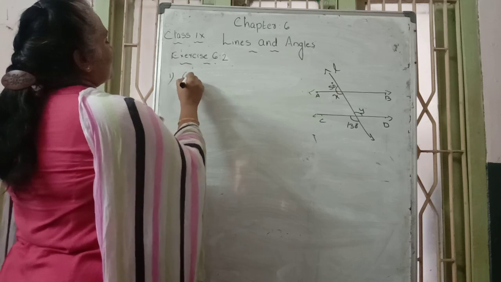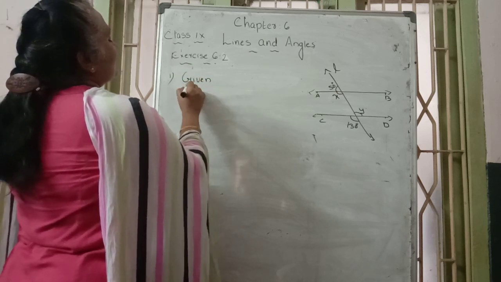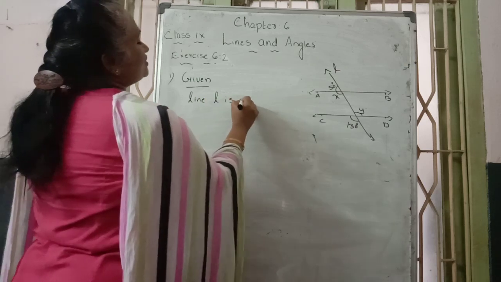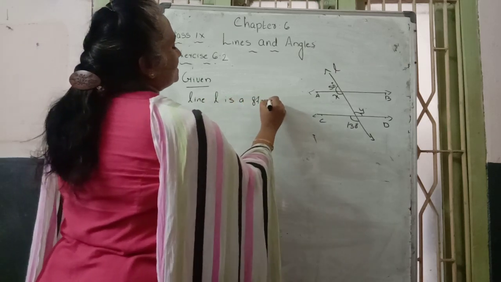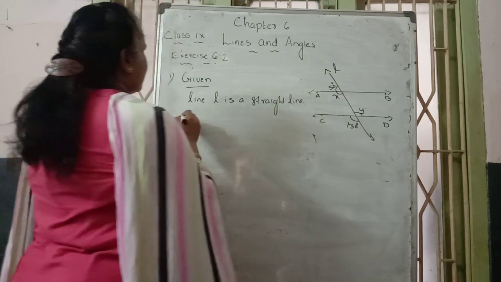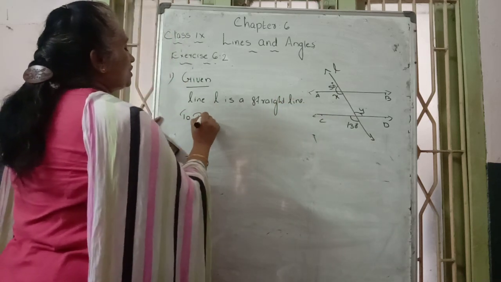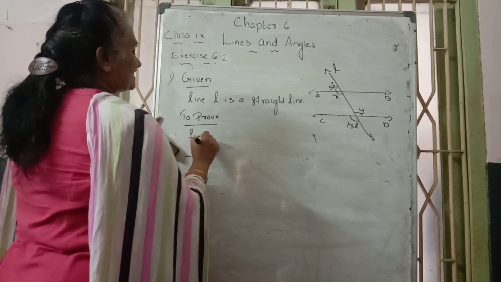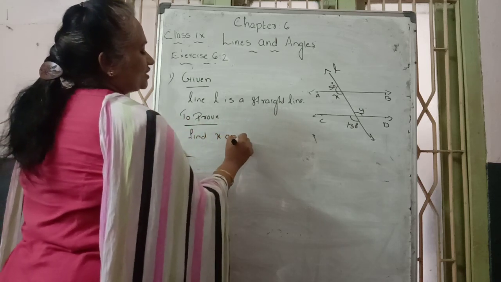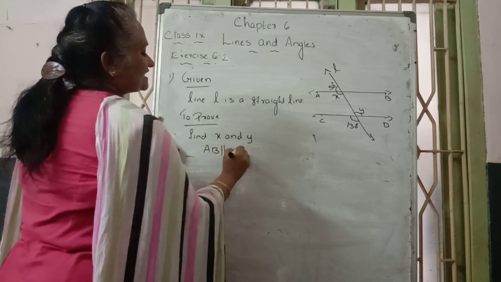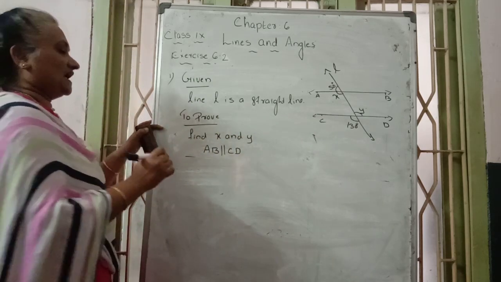First, what is given: line L is a straight line. Next, what we want to prove: first find the X and Y values, then prove line AB and line CD are parallel.